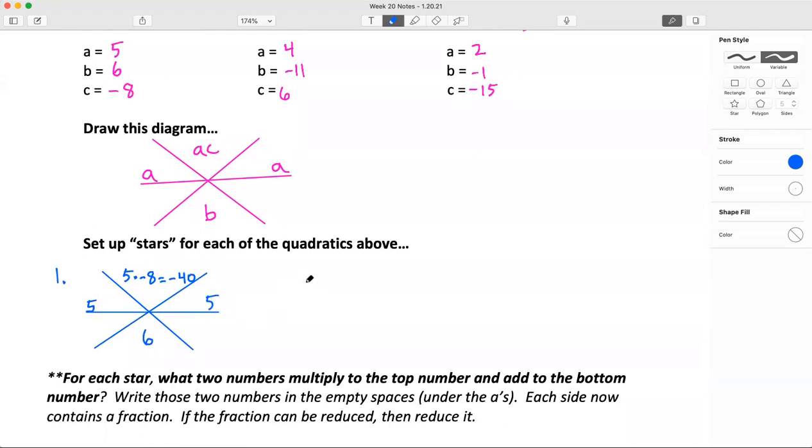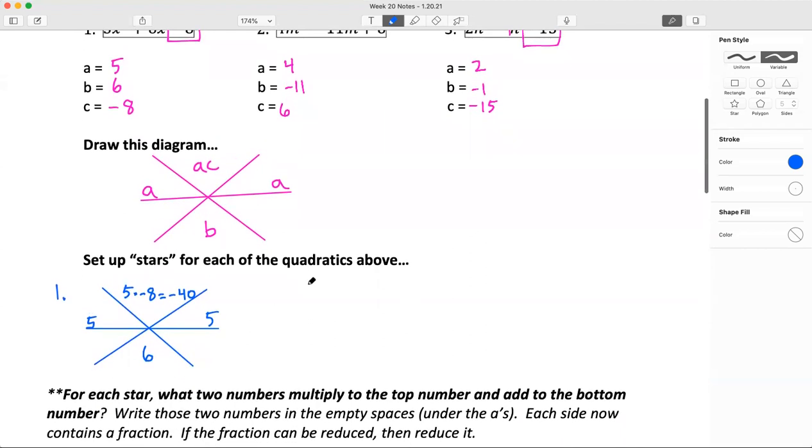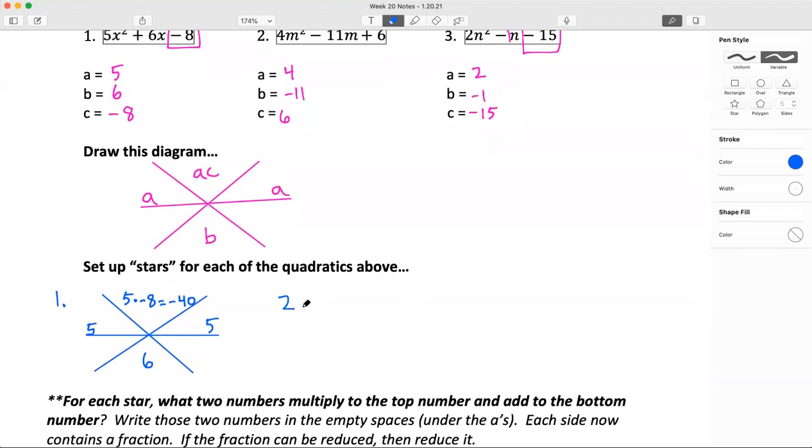All right, let's do number 2. Set up your star for number 2. Draw your star. You're going to put AC on the top, 4 times 6, which is 24.